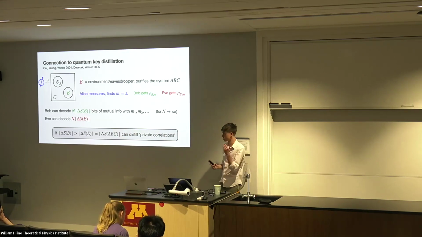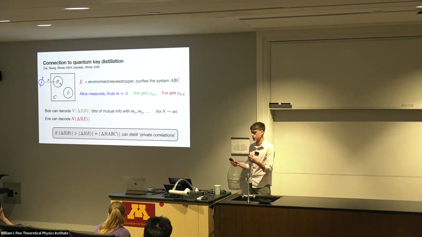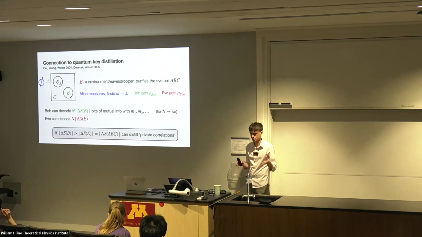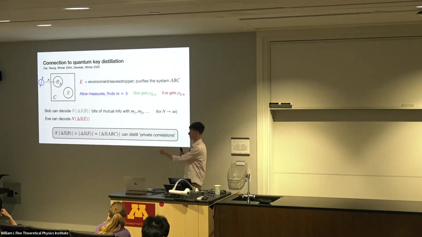Because Bob gets more information than Eve, there is a way of processing your classical bits so that Alice and Bob share perfectly correlated classical bit strings that Eve is not in on. It is hidden from Eve. This is what I call a private classical correlation. The notion of privacy I'm talking about here is one where A and B share some information that E is cut out of.